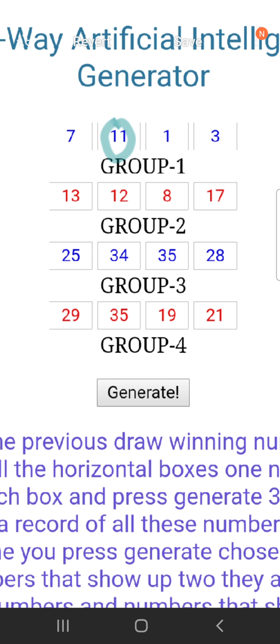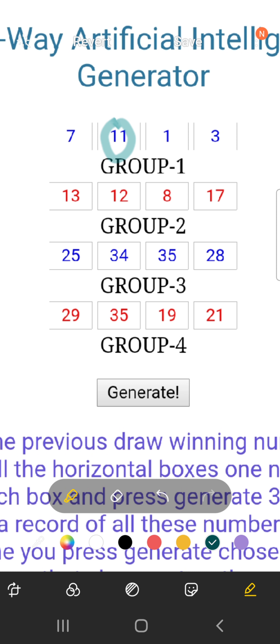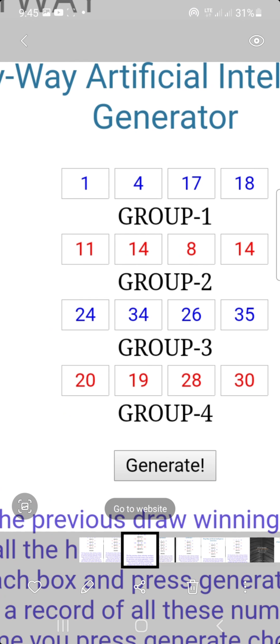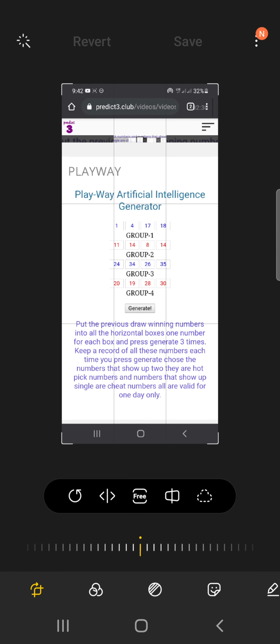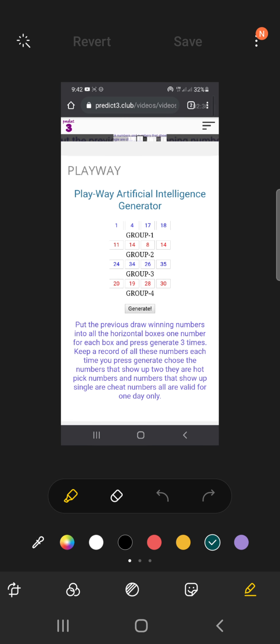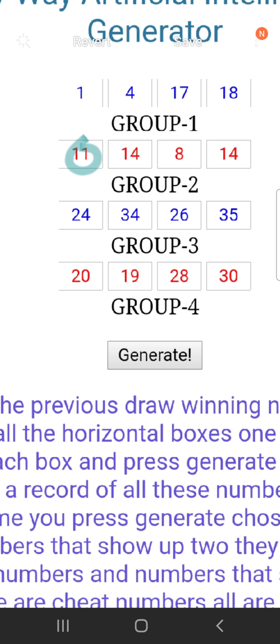It is considered showing up 4 times because I marked it 3 times in the first set of numbers generated, and I mark it back here again. That means it shows up 4 times, right? So just letting you guys know, and look at right here now again. In the third set of numbers, that means it shows up 5 times. Look at right here again.